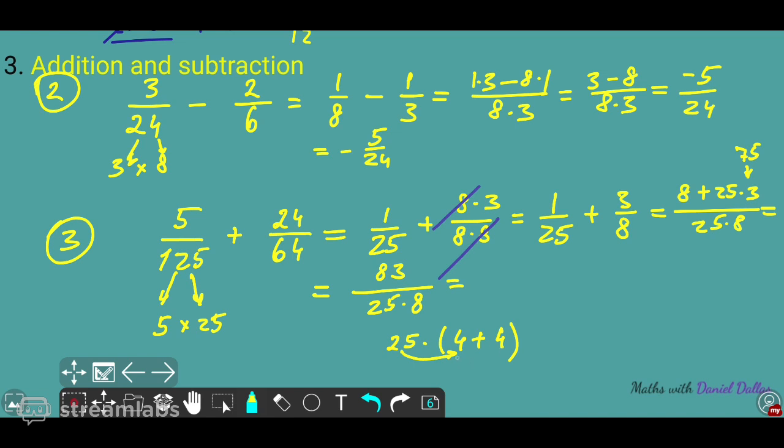So you'll get 100 and 100, 200 in total. So the bottom part of the fraction is 200, and the top is 83. Okay, that's the result you will have right now: 83 over 200.